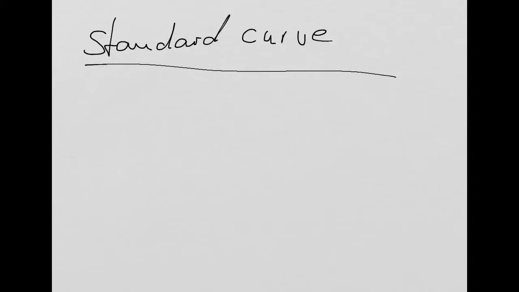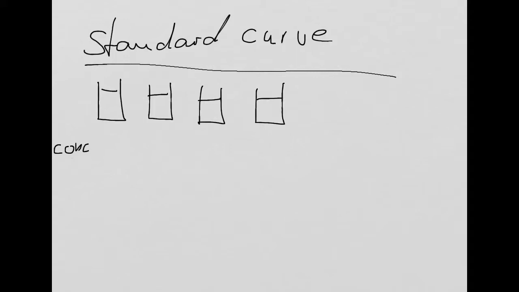So what you basically do is you have several containers, and let's assume we want to measure the concentration of a compound. In your first container there will be the concentration of 0. There will be none of the thing that you want to measure in it.